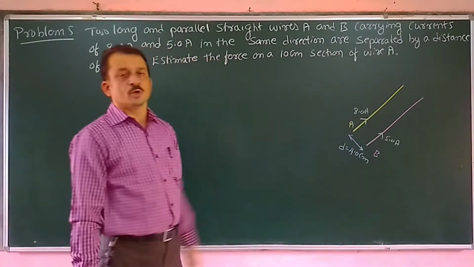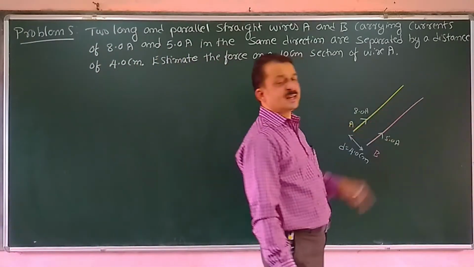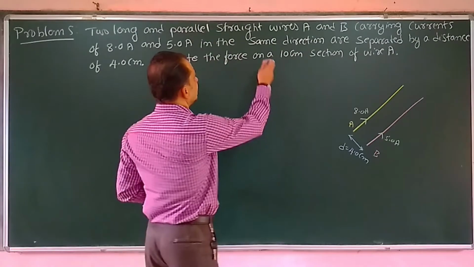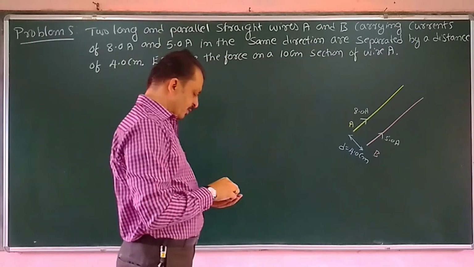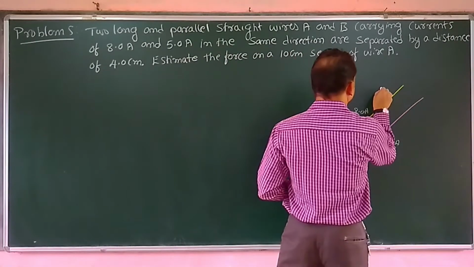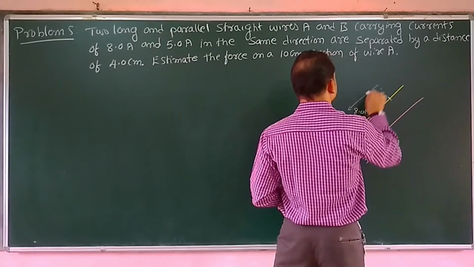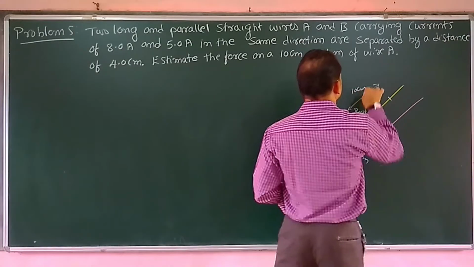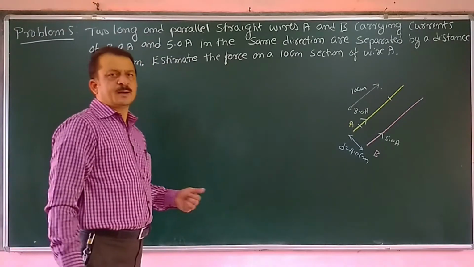Now what is the force between those two? That is, what is the force on the conductor A? A length of 10 centimeter they have given. What is the force on conductor A due to the magnetic field of the conductor B?